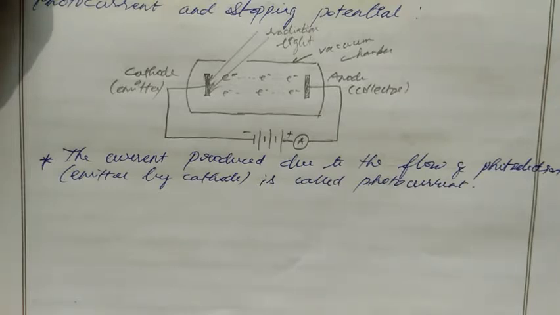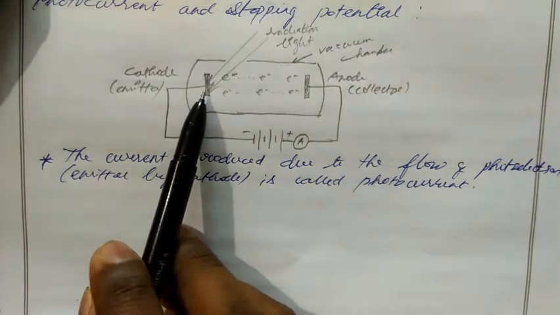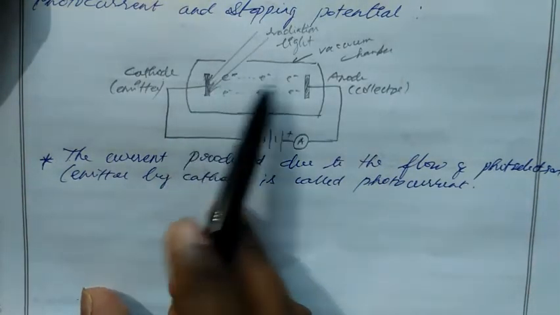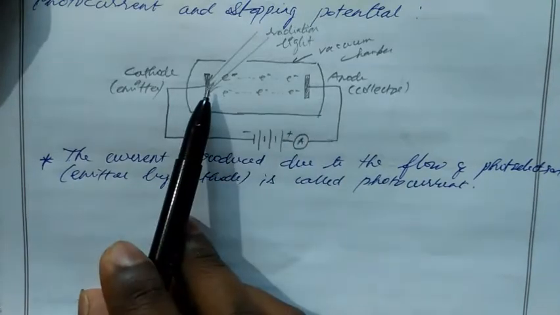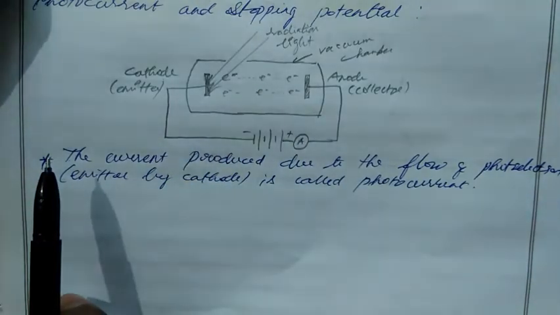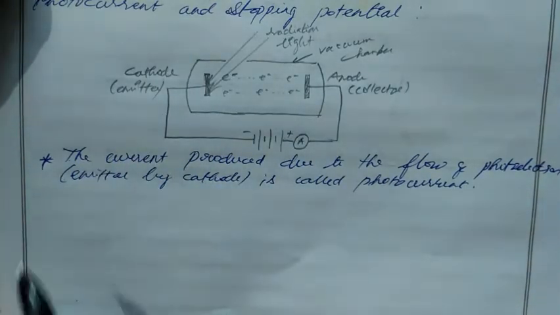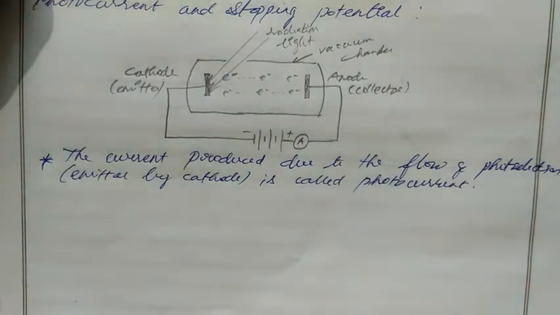For example, if the cathode has 10 free electrons in total, and all 10 are emitted by the cathode and collected by the anode, then there are no free electrons left. So the anode attracts free electrons and current is produced until it reaches the saturation limit, until all the electrons have been emitted by the cathode. After that there is no free electron, so there is no photocurrent. The photocurrent value will be constant after a certain period.